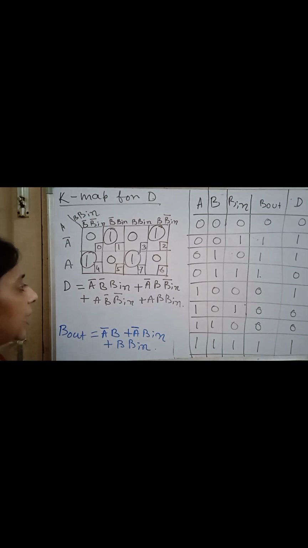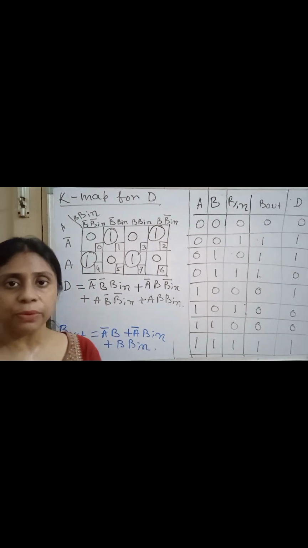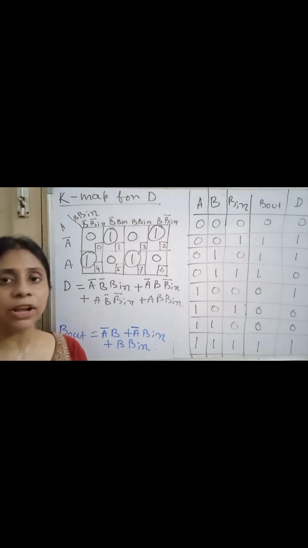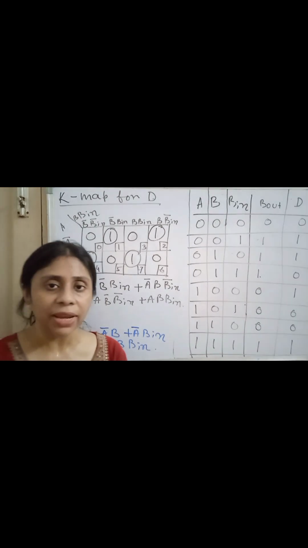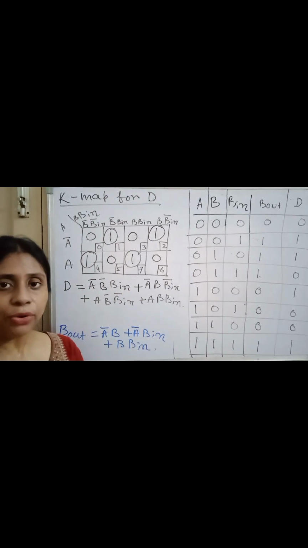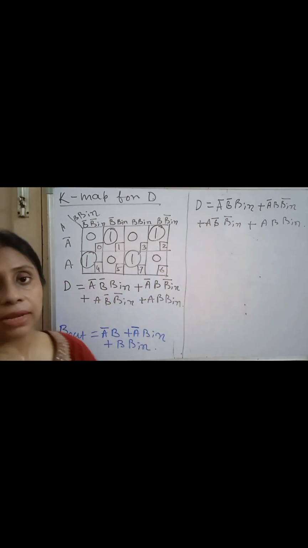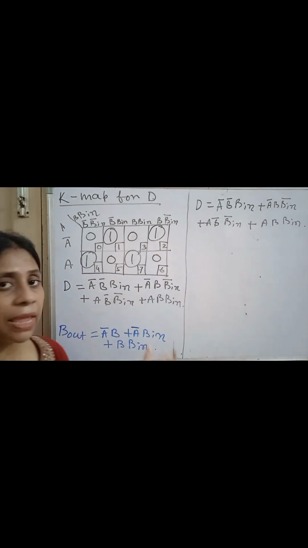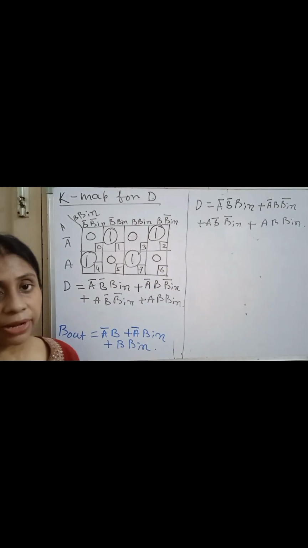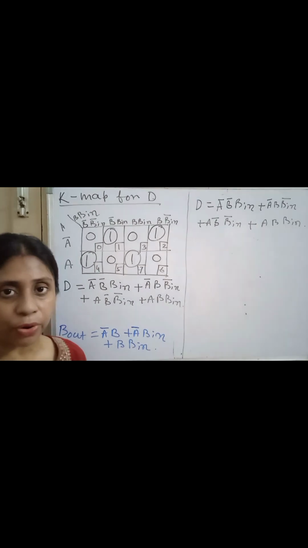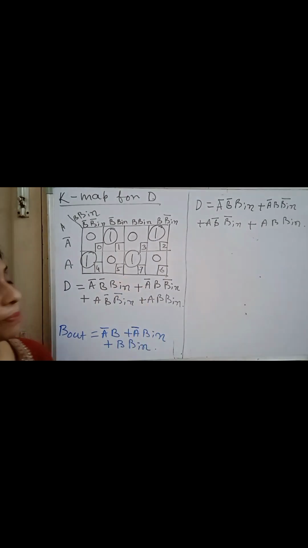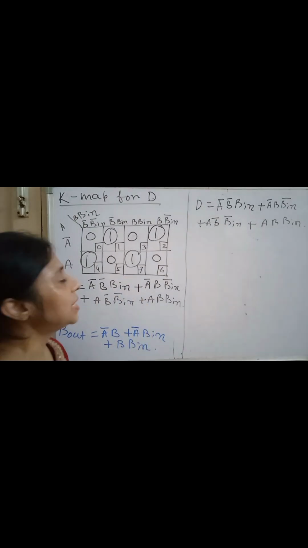Right? Now we need to write down the expression properly to have the exact output expression. So just derive this expression. How to derive it? See, this is our expression for difference from the Kmap. Now we will derive the expression in its minimized form from this. So how to have that?